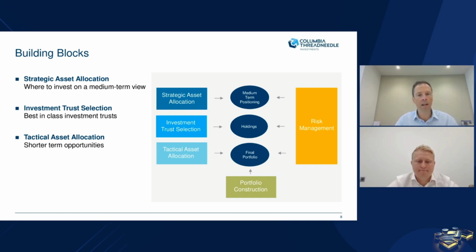And strategic asset allocation is essentially just an industry term to describe how you invest your portfolio over the medium term across geographies and asset classes. And we're going to use their expertise to come up with a strategic asset allocation for the portfolios. Investment trust selection and portfolio construction will be covered by Adam over the next few slides.